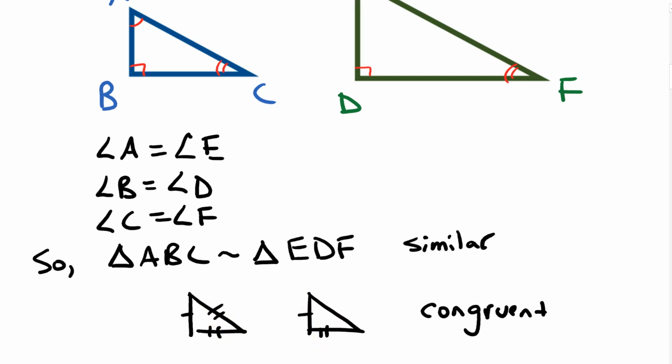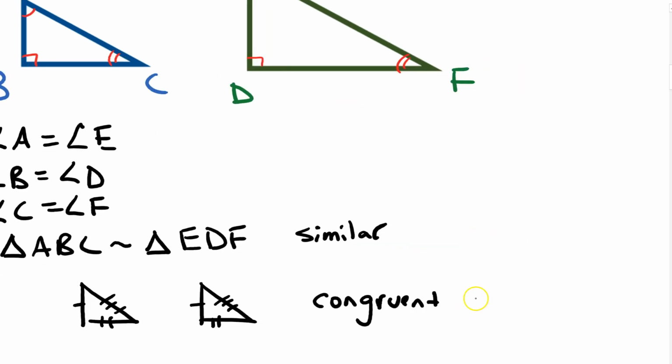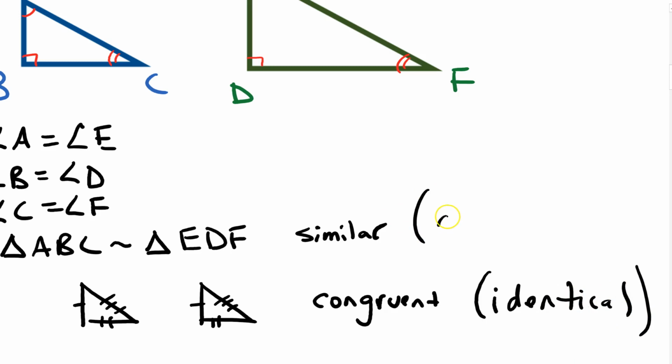So I'll put the same number of equality marks each time too. So if two triangles are congruent, they are also similar because their angles are, and everything is going to be the same. So congruent, another way of saying it is to say identical in all ways. Similar just means angles are equal.